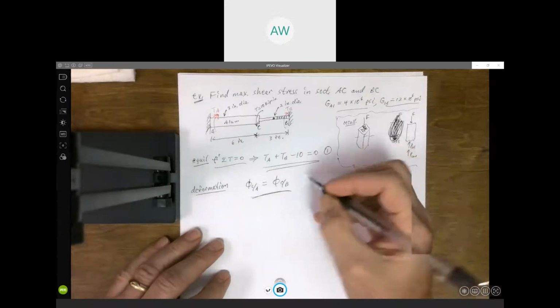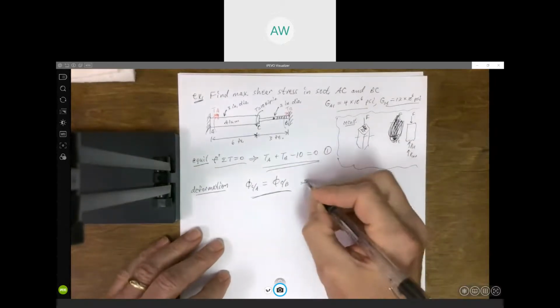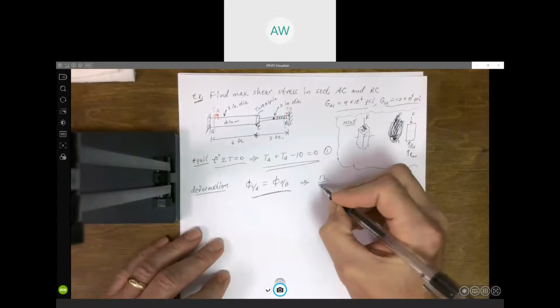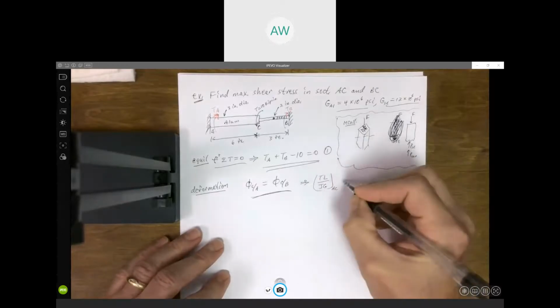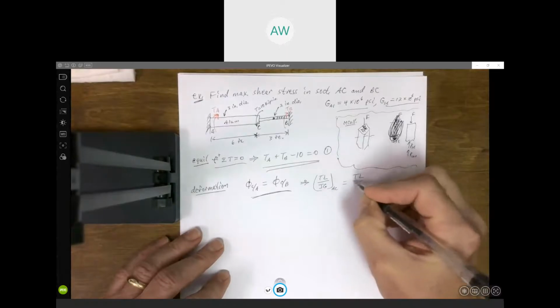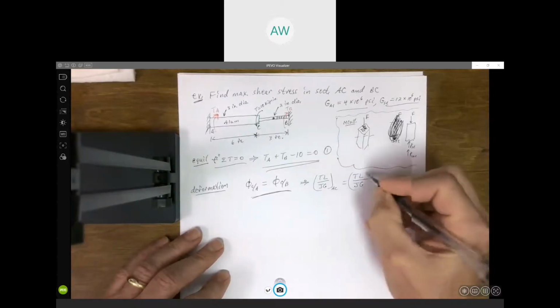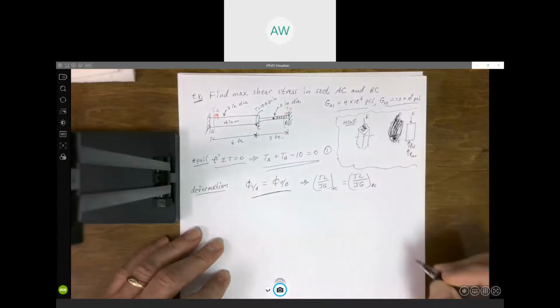And I know from that that TL over JG for section AC has got to be equal to TL over JG for section BC.